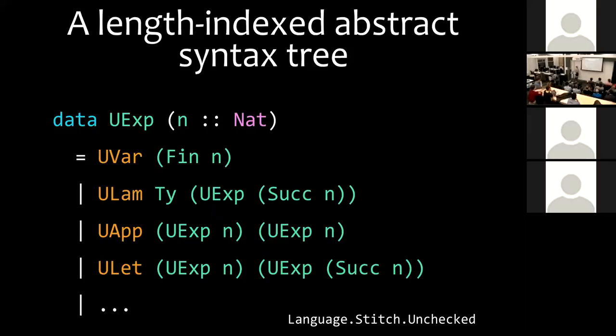Okay, so the first step in that direction is this length indexed abstract syntax tree. So this is what we're actually going to parse into. The U here stands for unchecked. And I'm going to use a convention throughout the talk of colors, right? So this blue, that's a Java keyword, right?